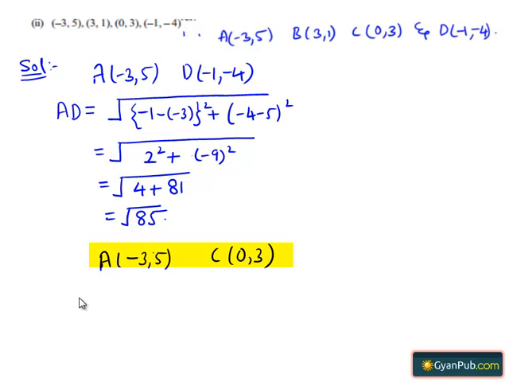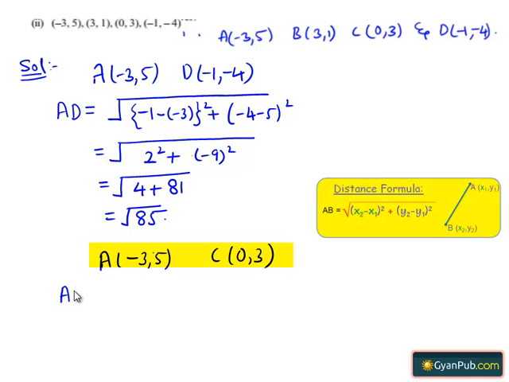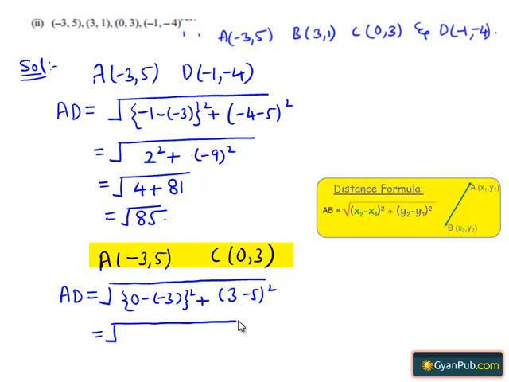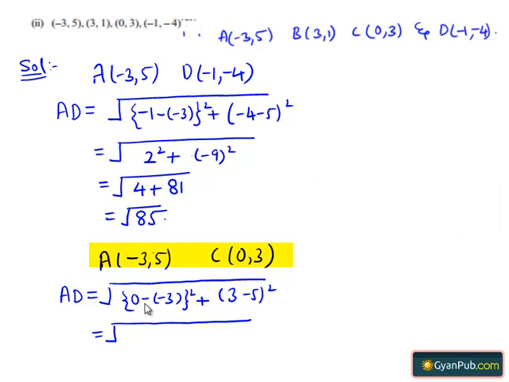By applying the distance formula, we get length AC equals under root of (0 minus of -3) whole square plus (3 minus 5) whole square, which is equal to under root of 0 minus of -3 is 0 plus 3, which is 3 square, plus (3 minus 5) whole square, which is (-2) square. That is equal to under root of 3 square is 9 plus (-2) square is 4, which is equal to root 13.